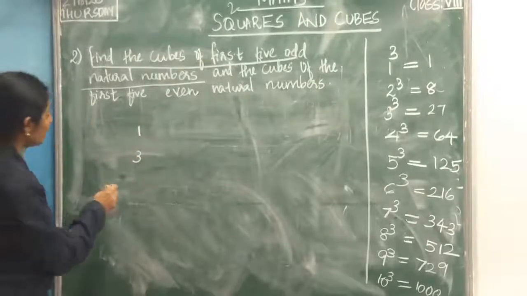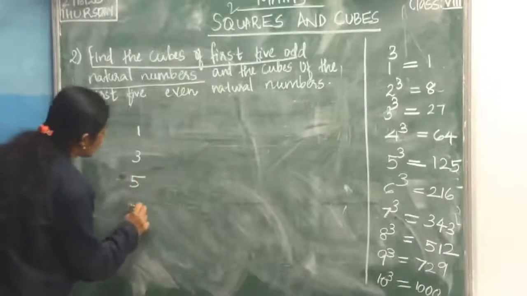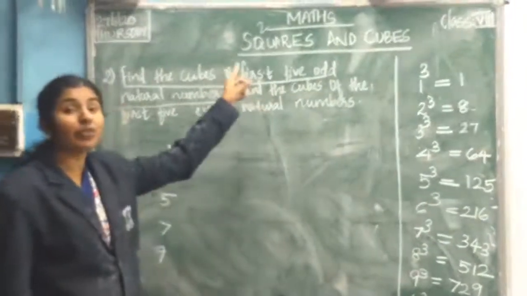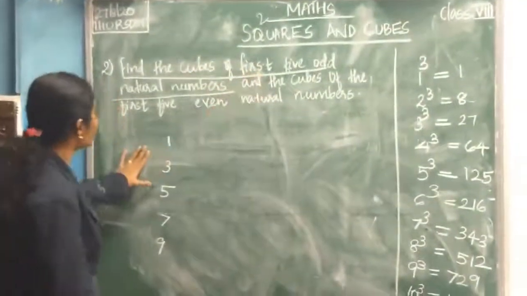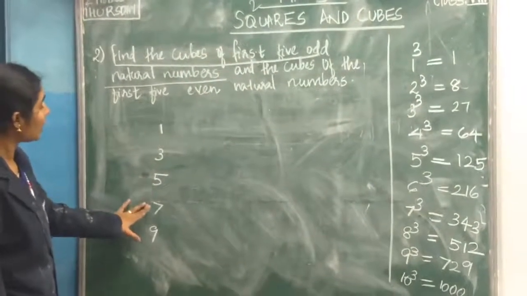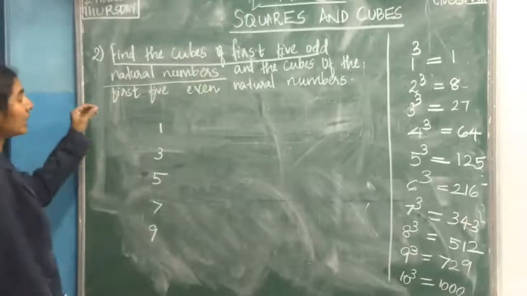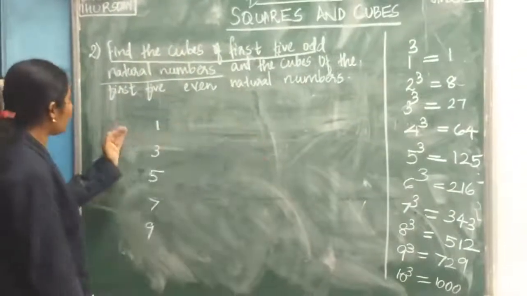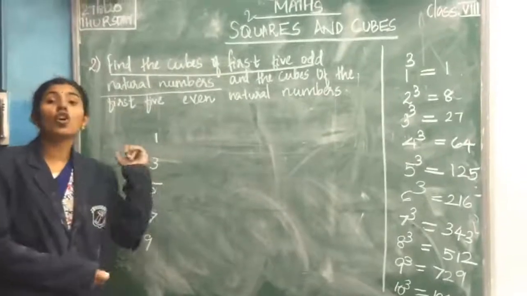Which are the first 5 odd natural numbers? They are 1, 3, 5, 7, 9. And what are they asking? You should find the cubes of these odd numbers.